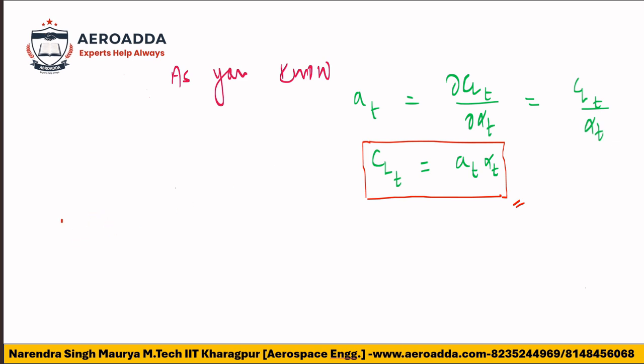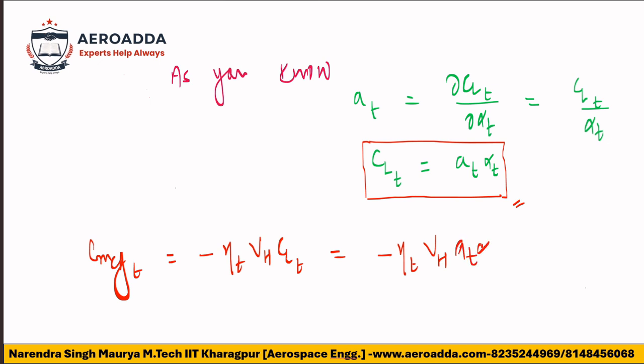You just place it in your main final equation of the CMCG for the tail. So CMCG for the tail was minus ηT VH CLT. Now CLT you can replace, since CLT is nothing but AT αT, so that you can write minus ηT VH AT αT.